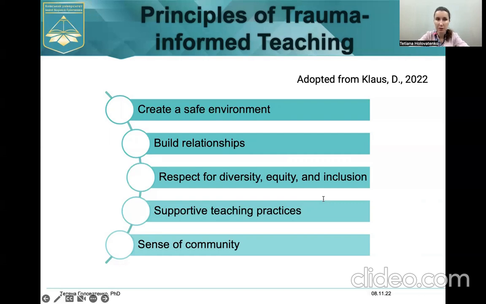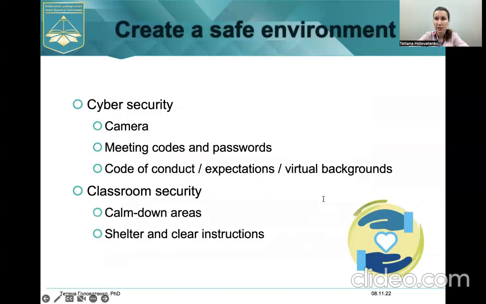And the first principle is to create a safe environment. If we are teaching online, the safe environment, which is in our area of responsibility, is cybersecurity first and foremost. We should talk about the cameras being on or off with students.